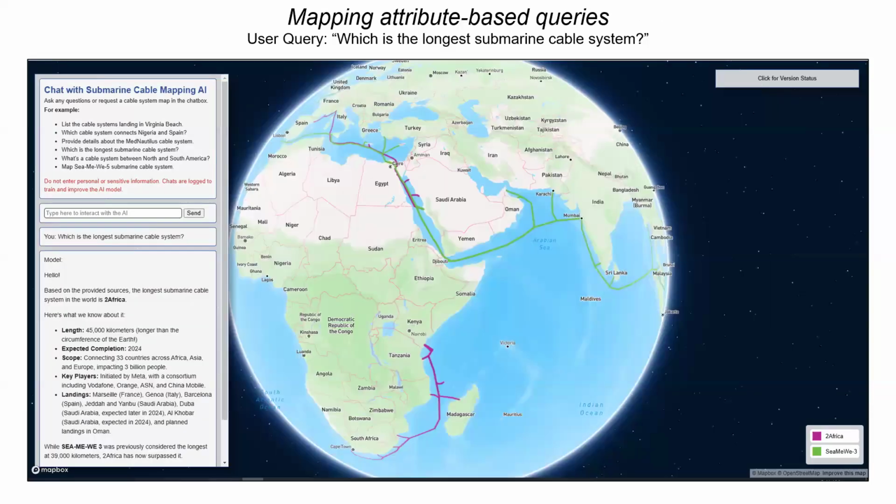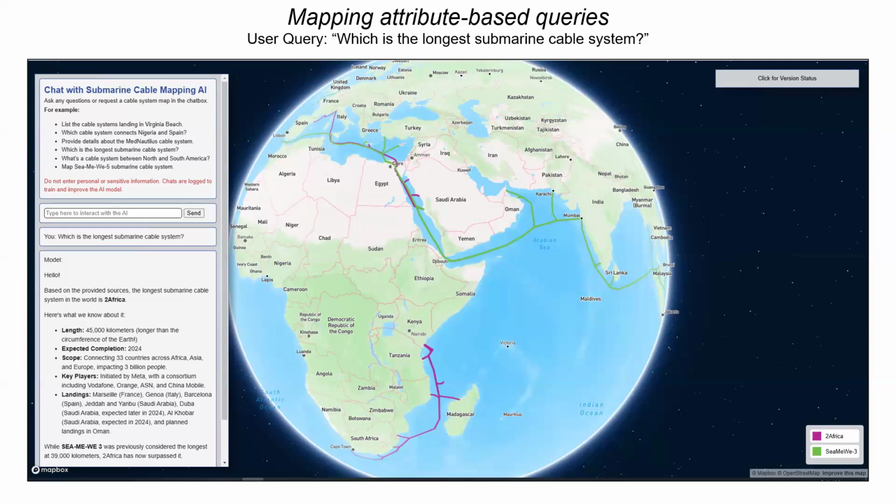The last thing, attribute-based mapping and queries with natural language, is a wonderful opportunity for the next upcoming version of this map, because attribute-based questions would be very interesting for users. For example, in this particular case, the user is asking which is the longest submarine cable in the system.